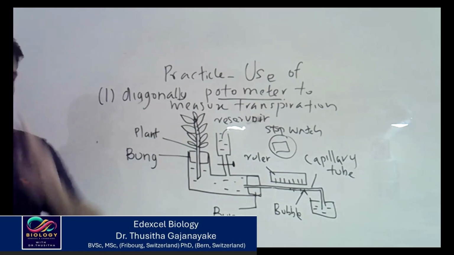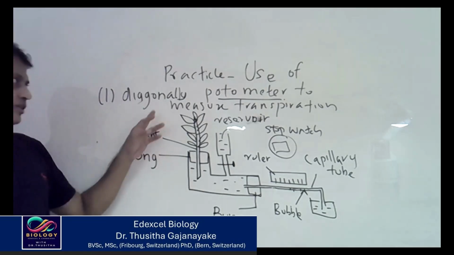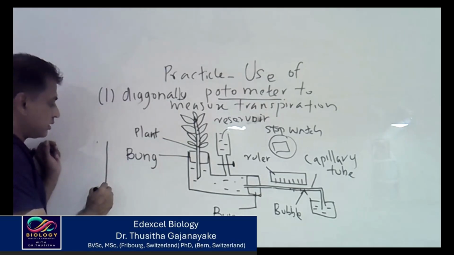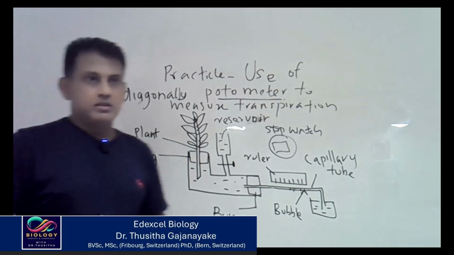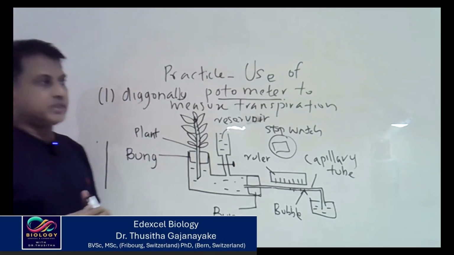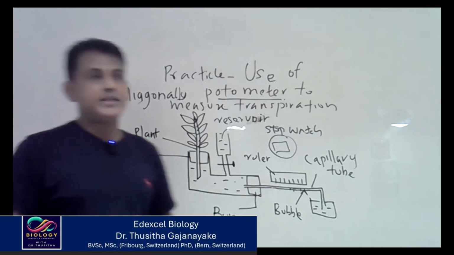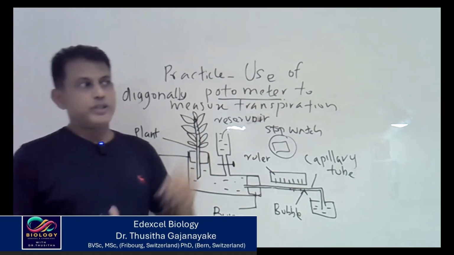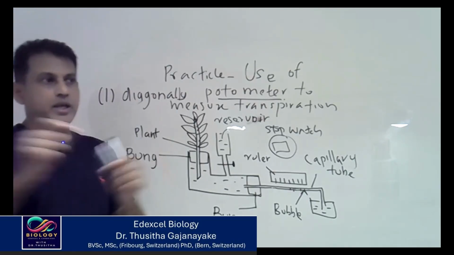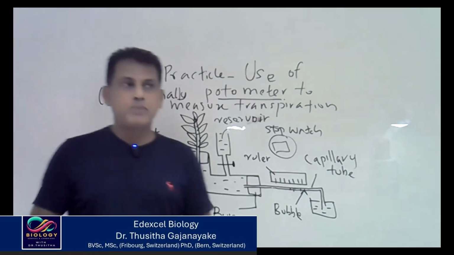So sometimes it's important to know why we cut diagonally. That's a practical thing. If I want to plant a stem, I can cut a small stem from the plant and plant it in another place.